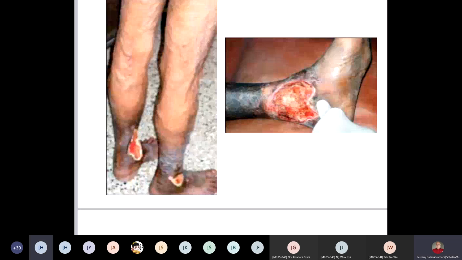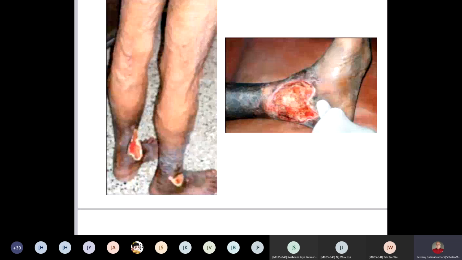Suppose somebody has an ulcer like this, and it is a primary varicose vein. What treatment will you do? Surgical treatment. What is that surgery?